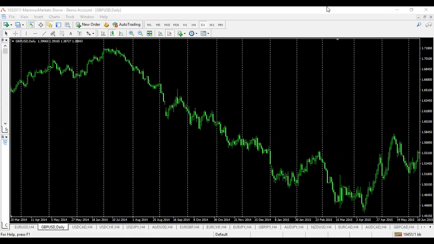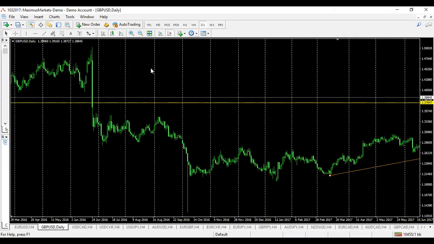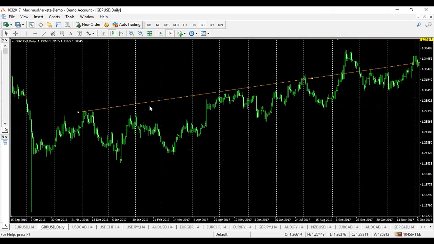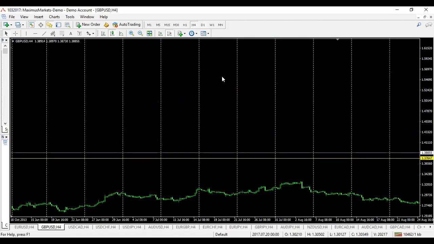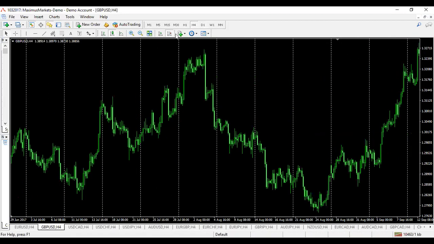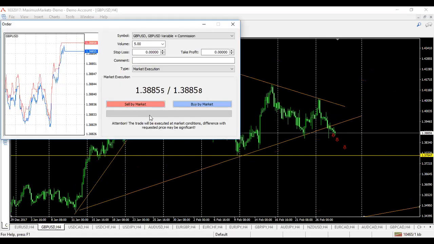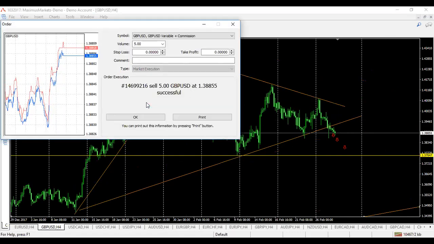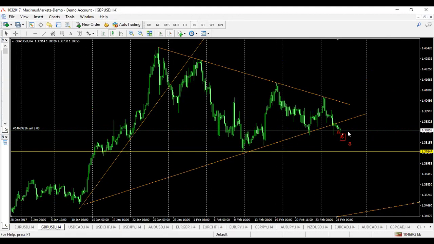Okay, I remember. Let me quickly answer that question. When someone says move stop loss to break even, it is easy to do. What the person is trying to say is this. For instance, let me place this trade. New order, sell.